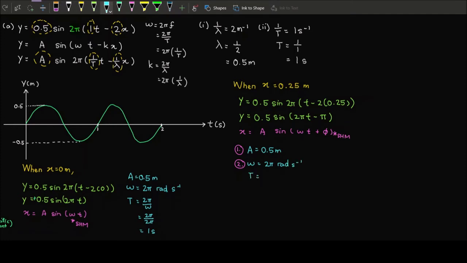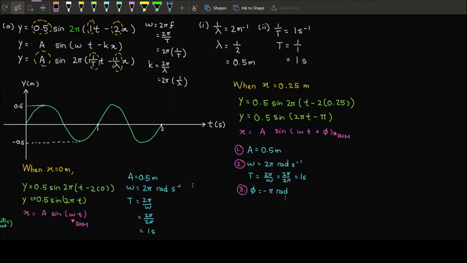I change it to period, which we have calculated just now, equals 1 second. So we use omega to calculate the period. The last thing is the phase constant, phi. The phase constant is equal to negative pi radian. There's a negative sign here, so you have to beware. So phi is negative pi.